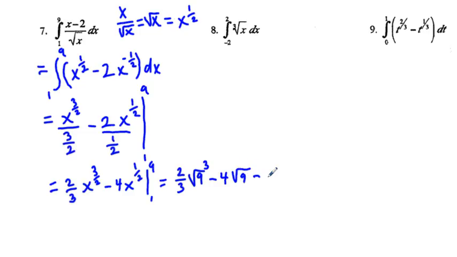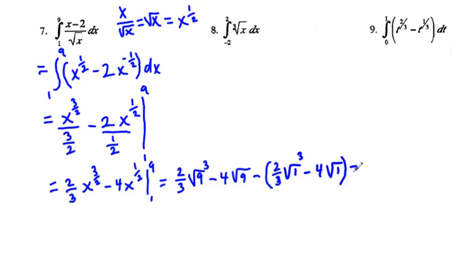Okay, and then we're going to subtract, and I'm going to put in parentheses here, 2/3, and this time we're going to have square root of 1 to the 3rd power minus 4 times square root of 1.